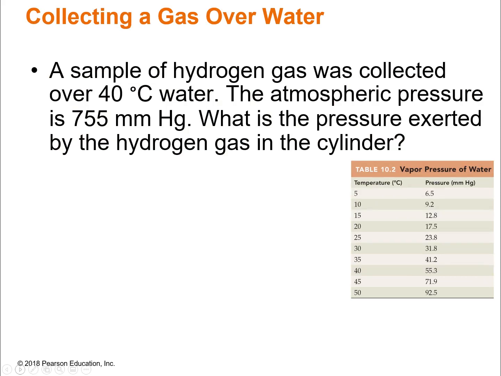So here's a sample. A sample of hydrogen gas was collected over 40 degrees C water. The atmospheric pressure is 755 millimeters of mercury. What is the pressure exerted by the hydrogen gas in the cylinder? Whenever you see that something is collected over water, you should automatically be thinking that you need to figure out how much of that is attributed to water vapor.